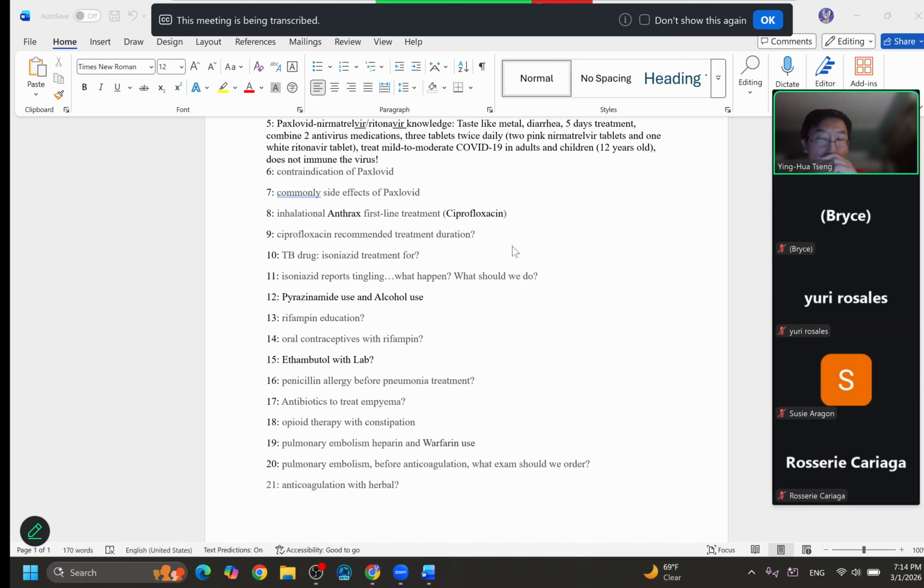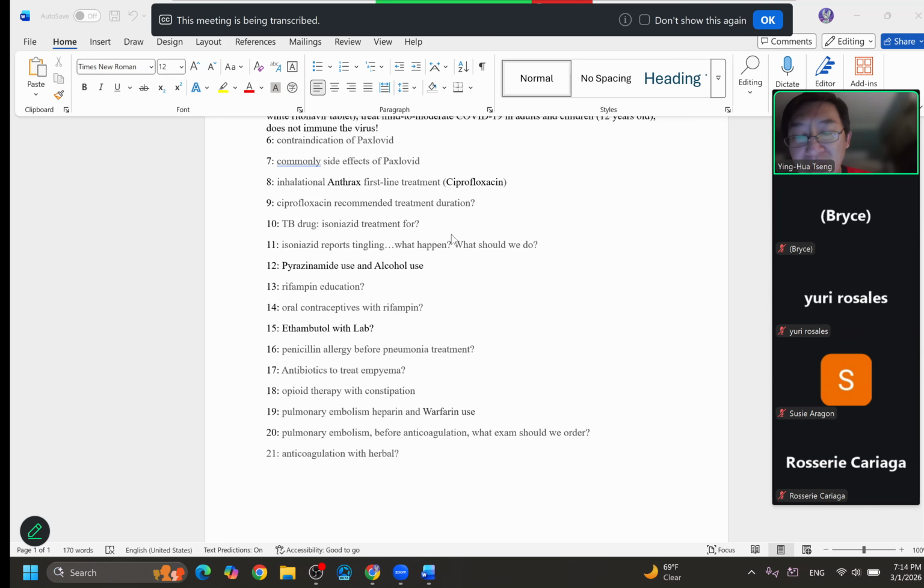All right, let's go to our superstar medication, TB drug. Isoniazid treatment is for what? For the TB, right? For the bacteria, right? But how is this medication treating the TB bacteria?